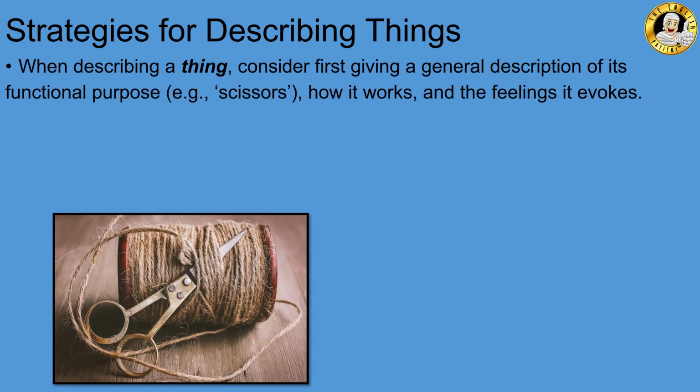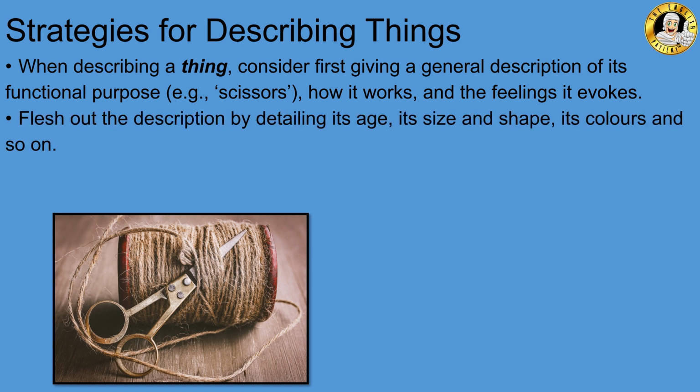Now, when you're describing a thing, consider first giving a general description of its functional purpose. For example, scissors. We know what the functional purpose of that thing is, how it works, and the feelings that it gives you as well. Once again, flesh out the description by providing more details at this point.